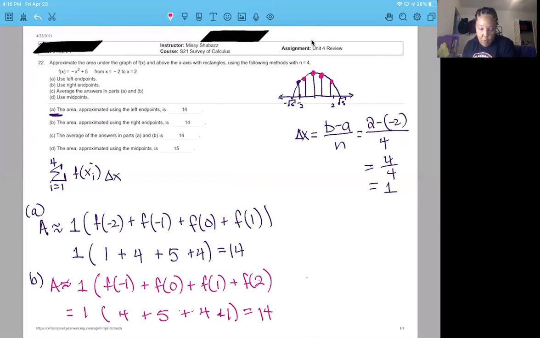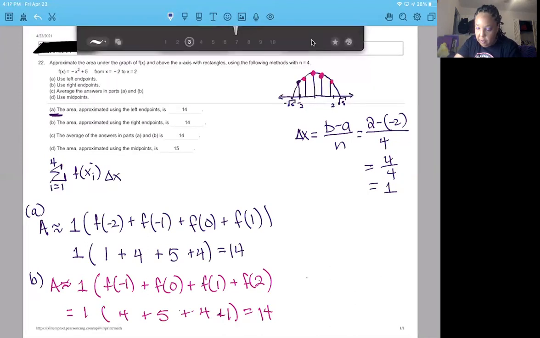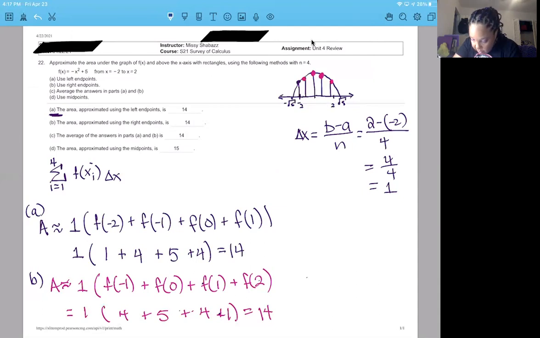And then lastly, they want us to find the area approximated by using the midpoint. All right, so the midpoint, so you want to think about your x values being here, here, here, and here.